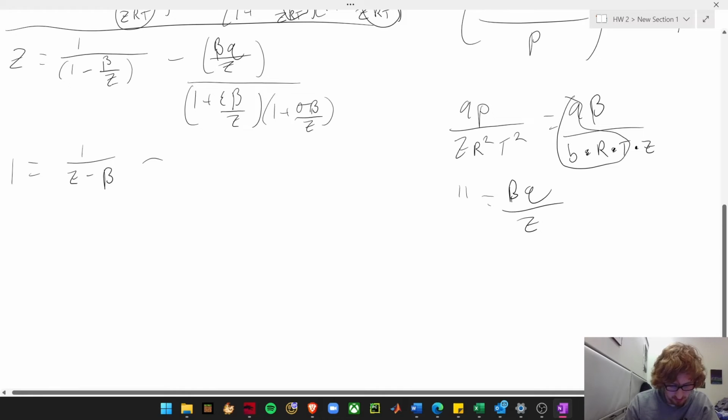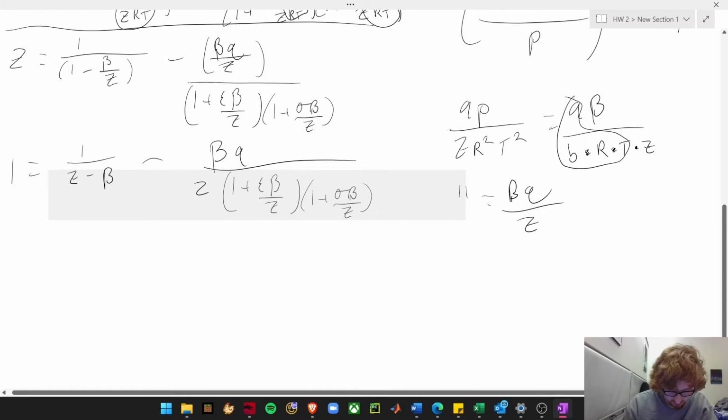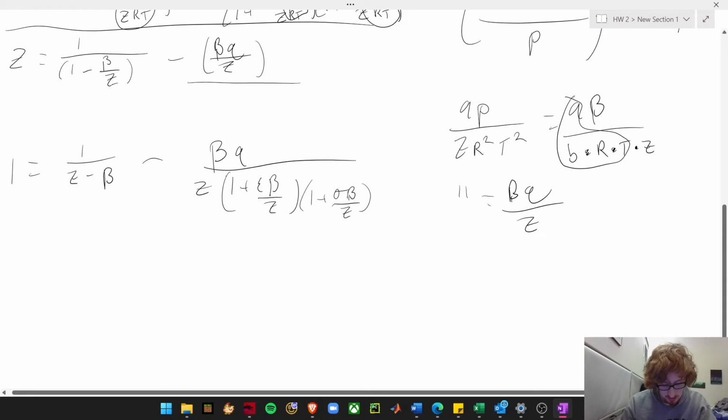And then we can re-express this as beta times q over z. And then we'll have the same term that we had before. I'm going to try some little magic here. There we go. It pays to be lazy sometimes. There we go. And then if we put down another z down here, we can multiply everything through again.